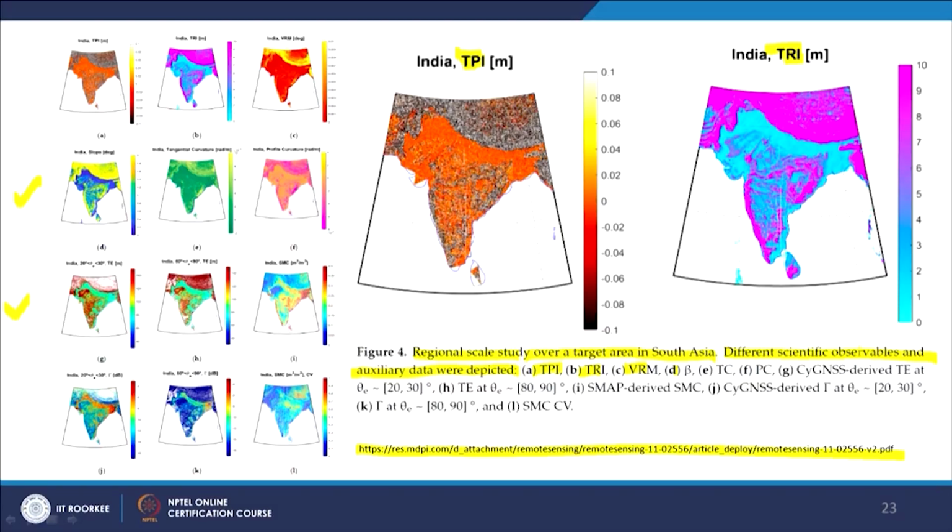What is the input? A coarse resolution digital elevation model to cover a regional or continental scale analysis. So, this brings to an end this discussion about TPI, TRI, their comparison and various other related indexes.